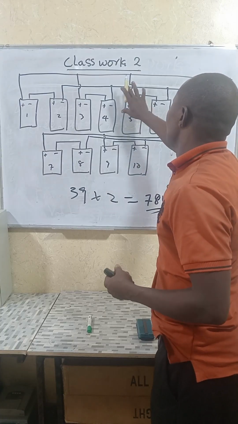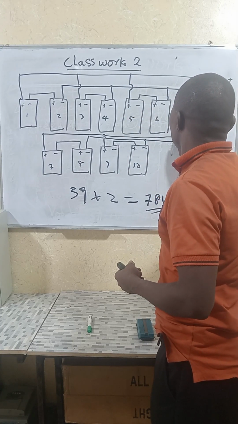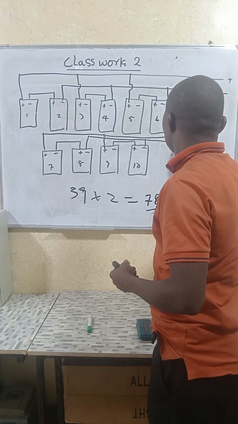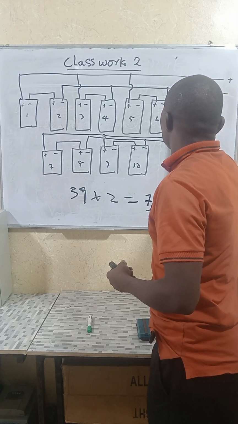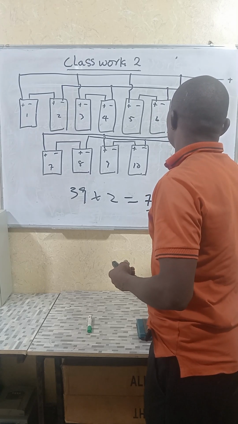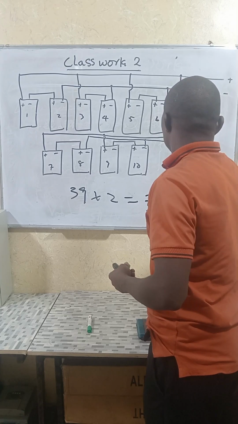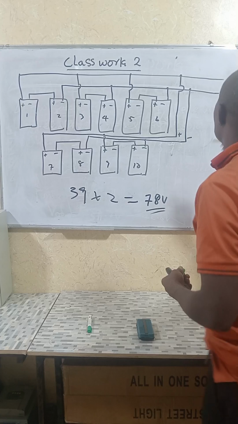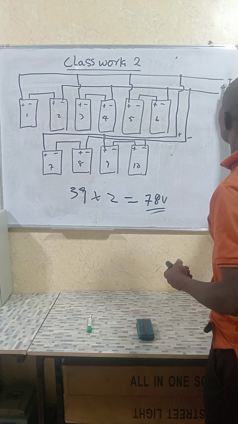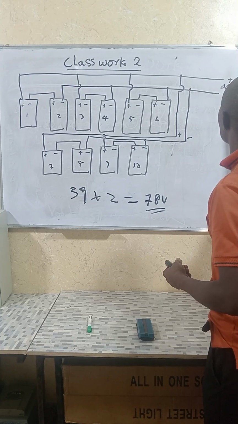This parallel is connected to this parallel. This positive goes straight to this positive, and this negative goes straight to this negative. At the end of the day, you have a 48 volts system.